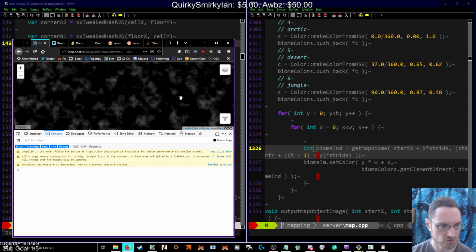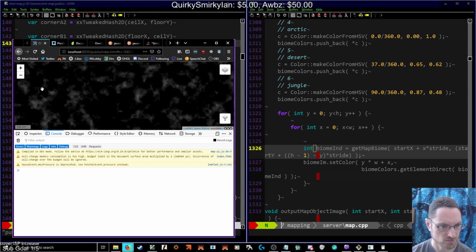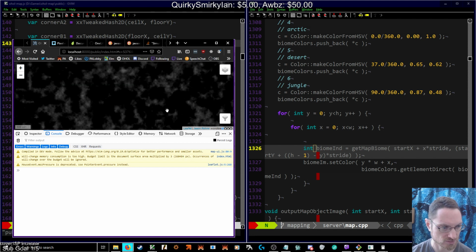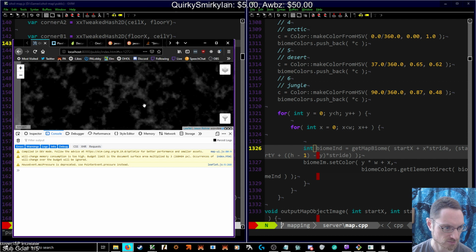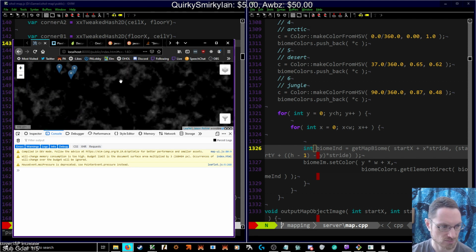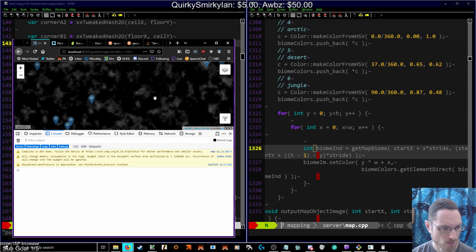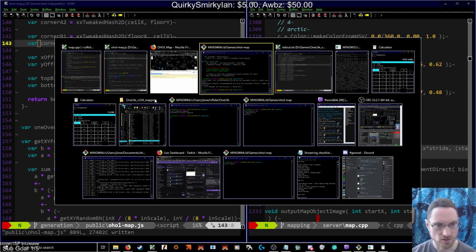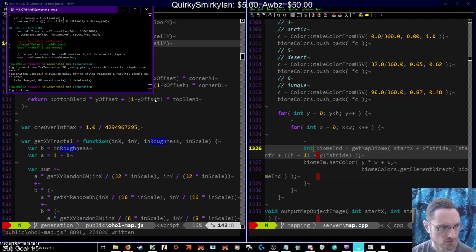It's still a little choppy when it has to do a lot of stuff at once. Okay, that's all the obvious debugging stuff.